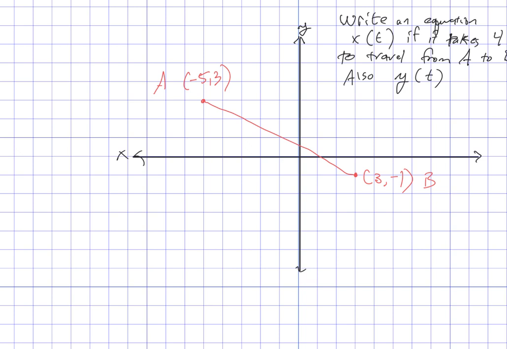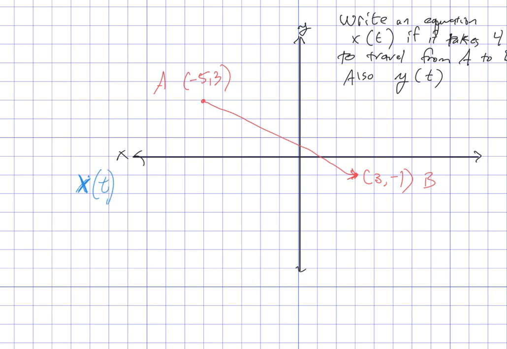It's directional because I'm going from A to B, so I'm putting an arrow on there, indicating an ending point of B. I need to come up with an equation to talk about how x changes. So x of t.